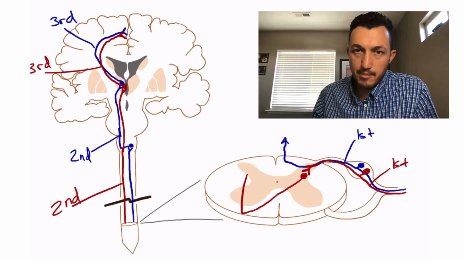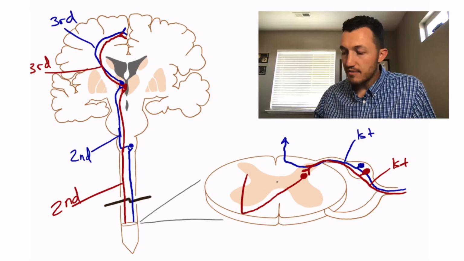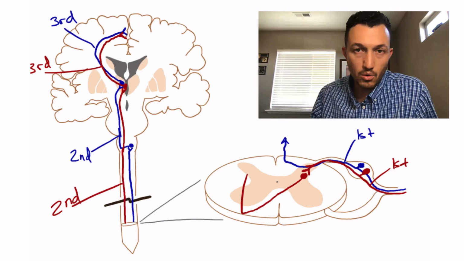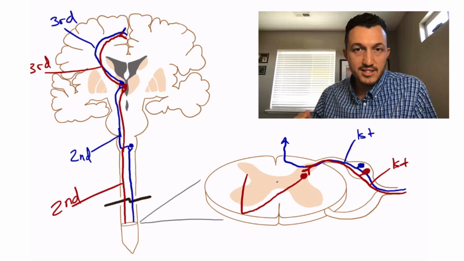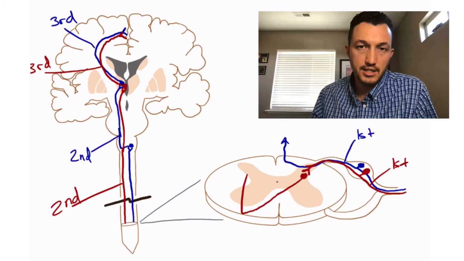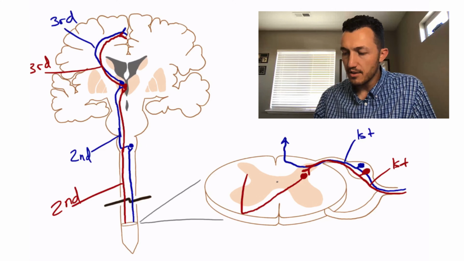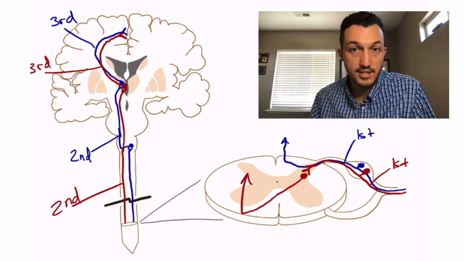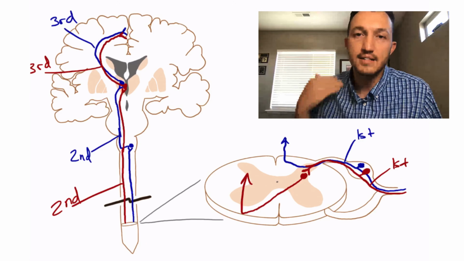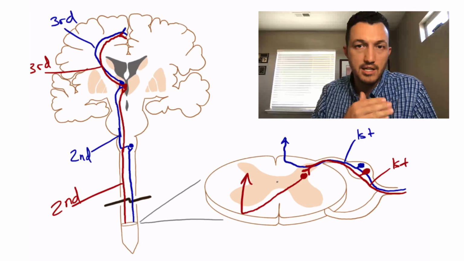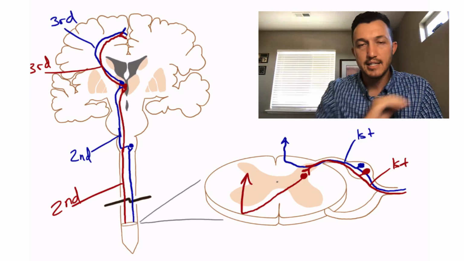The spinothalamic pathway, on the other hand, that first order neuron synapses on the second order neuron immediately in that spinal cord segment, and the second order neuron immediately decussates over to the other side. So maybe you can make the connection here that the second order neuron for both pathways is the one that decussates, and it decussates immediately once it's synapsed, right? Once the axon leaves the cell body, it's crossing midline and then ascending.